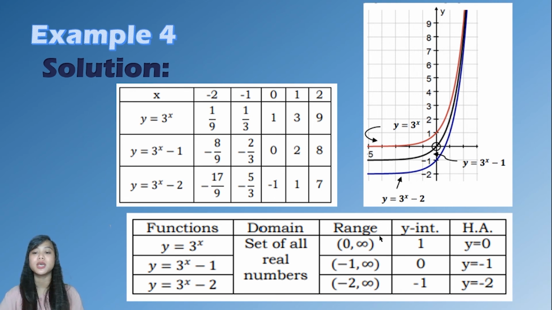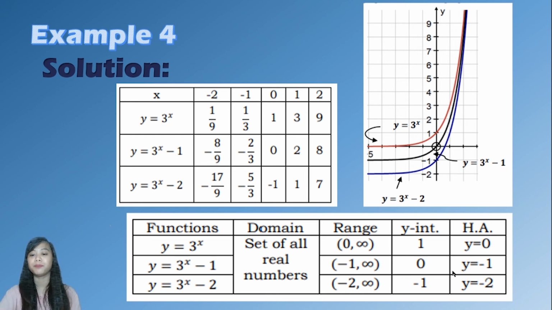The functions are continuous. Then the y-intercept will be 1 for the first function, 0 for the second function, and negative 1 for the third function. And the horizontal asymptote, of course, for y equals b raised to x, is y equals 0, or the x-axis.